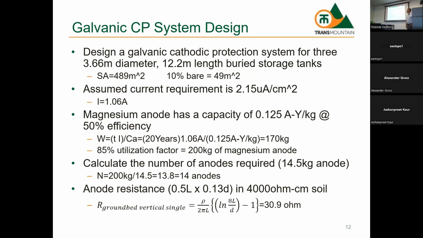Next, we're doing a galvanic system. We're going to use a magnesium anode. This is a theoretical consumption rate of a magnesium anode, 0.125 amperes per kilogram. So if you invert that, you get kilograms of consumption per ampere.